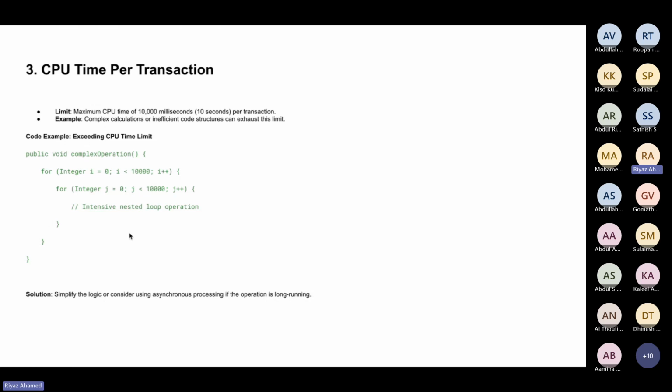So to avoid this, we need to consider and split and work on that. For these kind of things, we need to check this logic and avoid this kind of CPU time per transaction limit error.